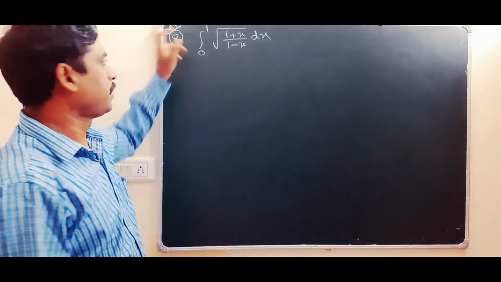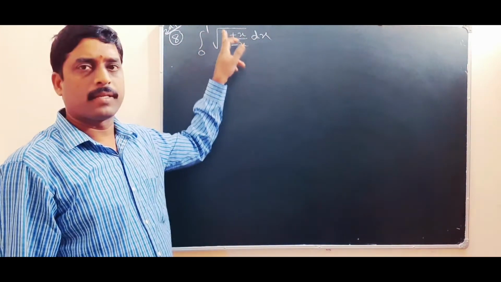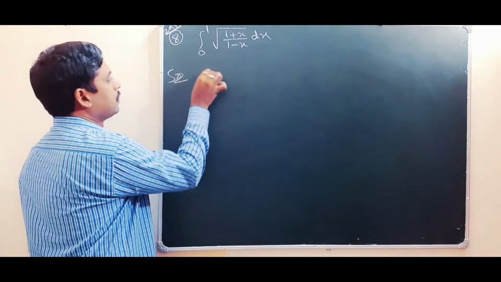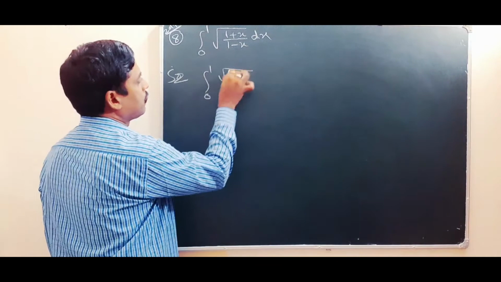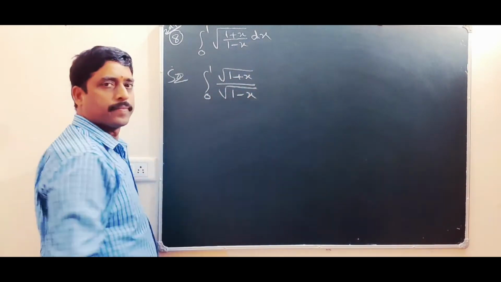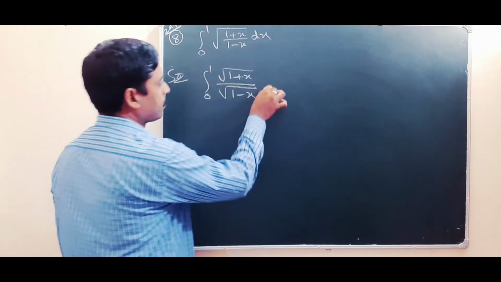This is from a 2019 question. Integral 0 to 1 root under (1 plus x) by (1 minus x) dx. Let us do denominator rationalization.